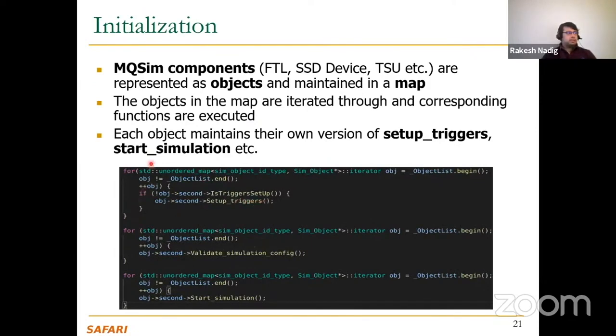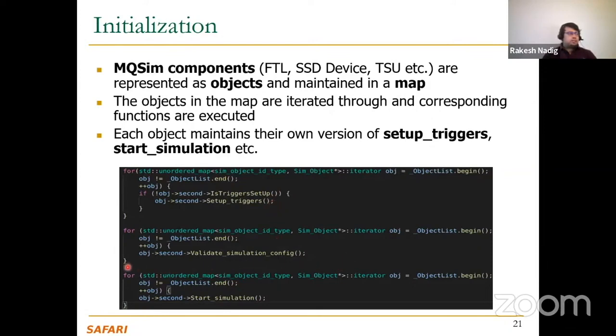When the simulator is getting initialized, it goes through all the objects in the map and calls setup triggers. What does setup triggers do? It looks at the nature of the object and sees if there is any notification or trigger that needs to be set up for that object.